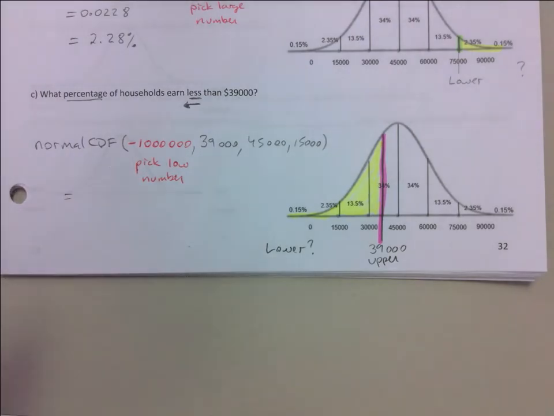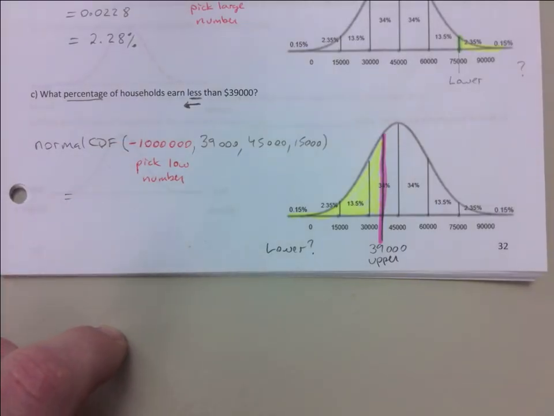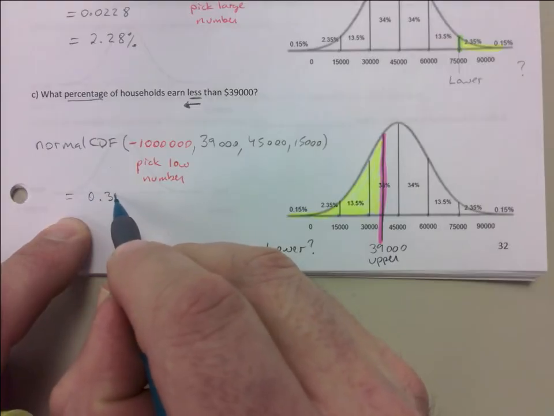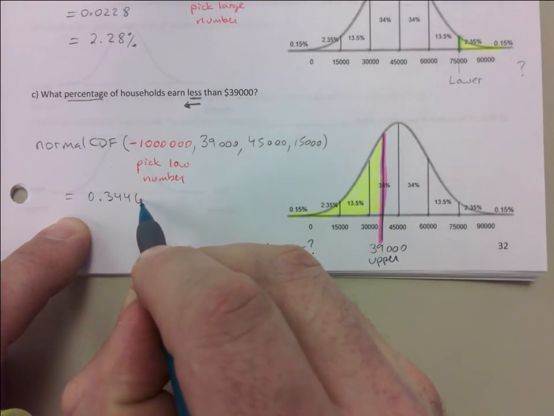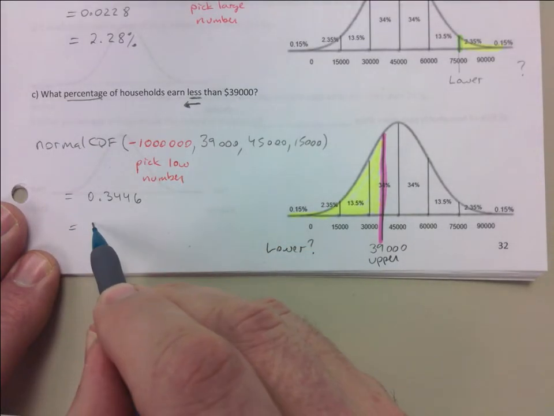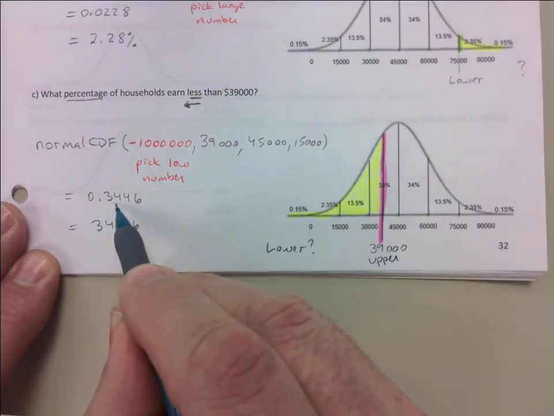Make sure you go negative, don't go minus, negative 1 million, followed by 39,000, 45,000, 15,000, and you get 0.3446.